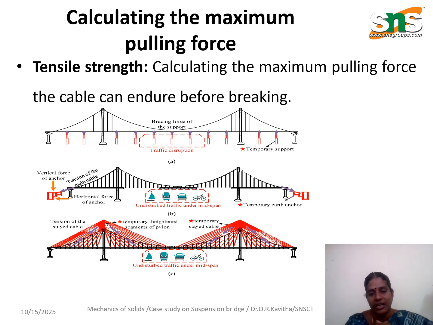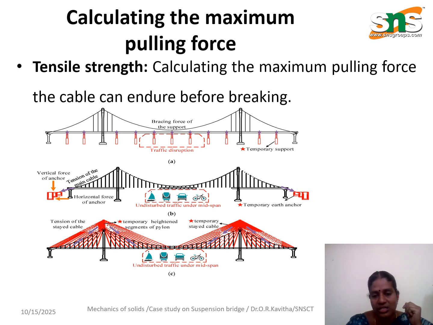And next, you can see this cable, which is subjected to tensile forces. If we calculate the tensile forces correctly, then automatically the safety will be ensured. And this is another type of cable bridge with stayed cables.